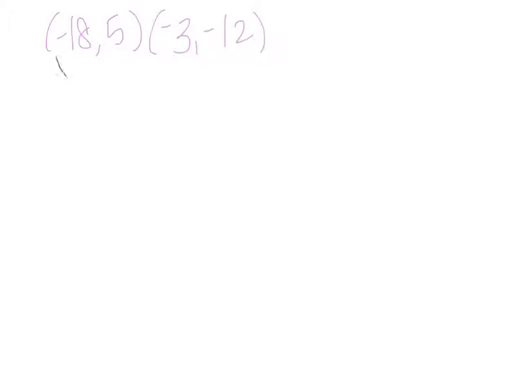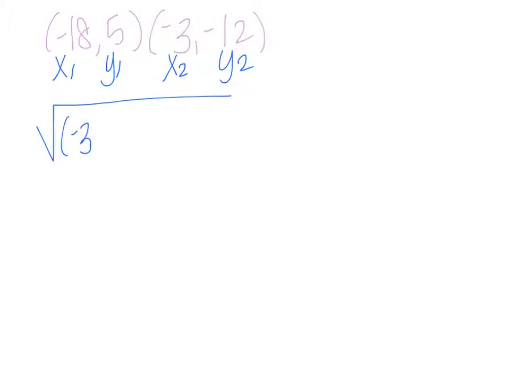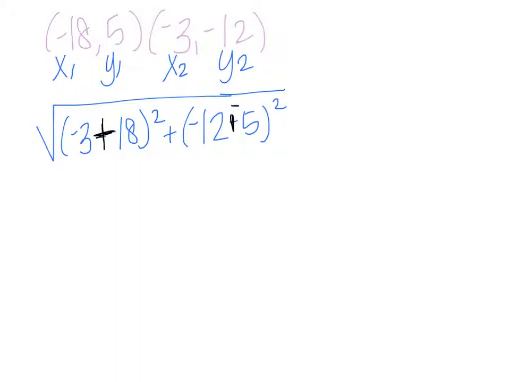So what you should have done is label this x1, y1, x2, y2. And I'm going to just start by plugging it into my equation: the quantity of -3 minus -18 squared plus the quantity of -12 minus 5 squared. I'm going to do SAO to make this plus, and this plus a -5.